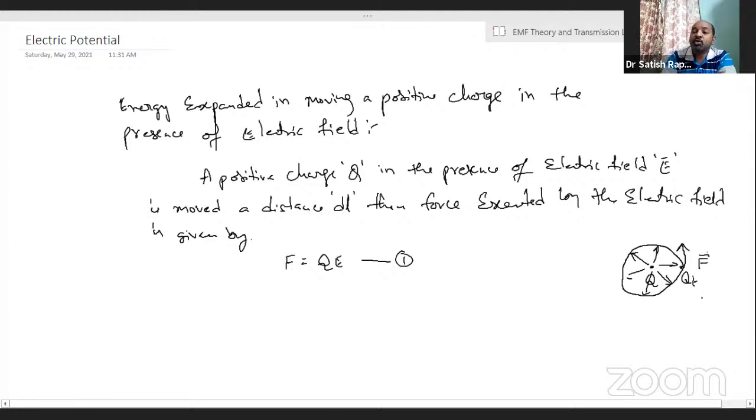And if you want to move a test charge Qt in the presence of electric field, what is the force you need to apply? You need to apply an equal force to this in the opposite direction.